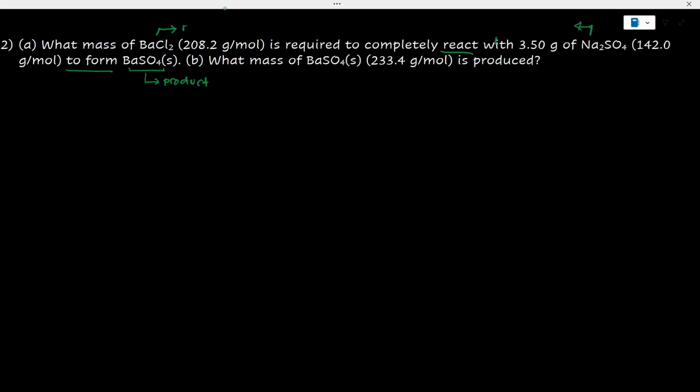So we know that these are our reactants. We want them to react with each other to form a product, and one of the products would be barium sulfate. So let's write BaCl2 plus sodium sulfate Na₂SO₄ forming BaSO₄ plus. We also have a missing product here.